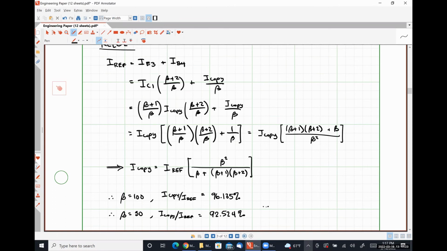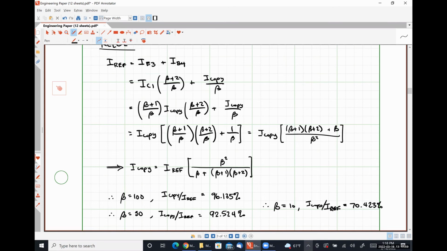Lastly, if beta were equal to 10, I copy over IREF comes out to be 70.423%. Okay. Giving you these values for different values of beta to illustrate that this circuit's ability to copy that current depends largely on the beta value.